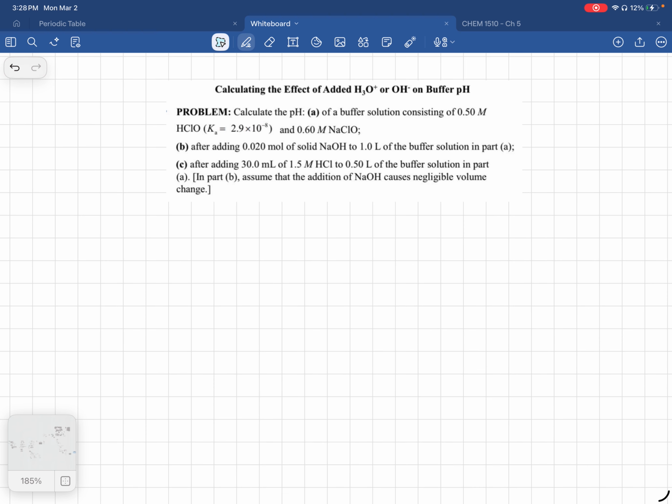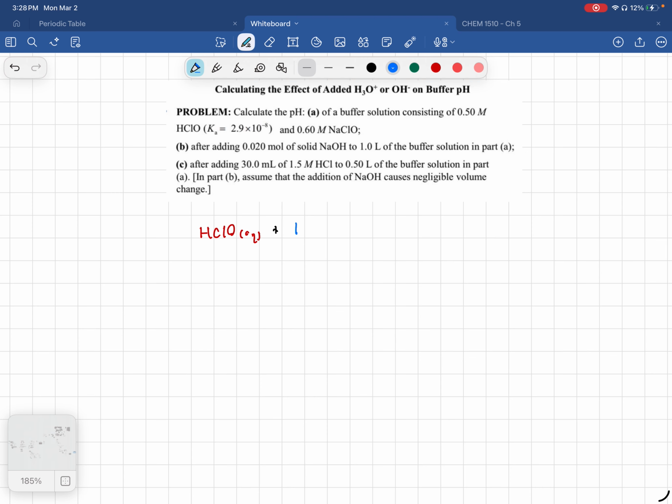So first off, let's identify things here. We're going to start by calculating the pH of a buffer solution consisting of 0.50 moles per liter of HClO. That's hypochlorous acid, I believe. So that is our acid, HClO aqueous, plus, now note this is an equilibrium, right?